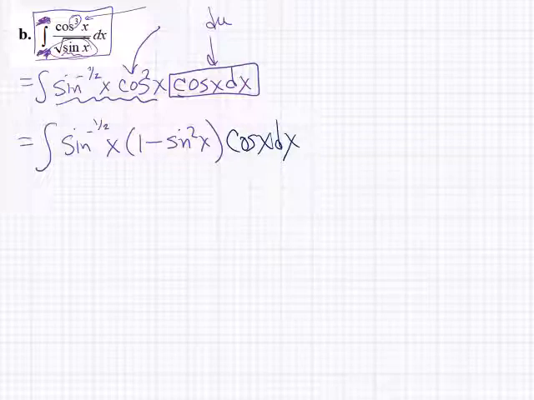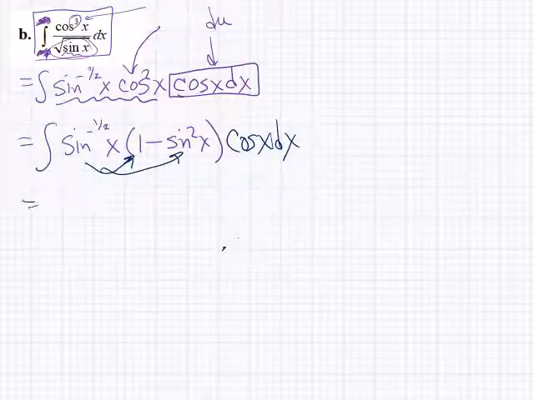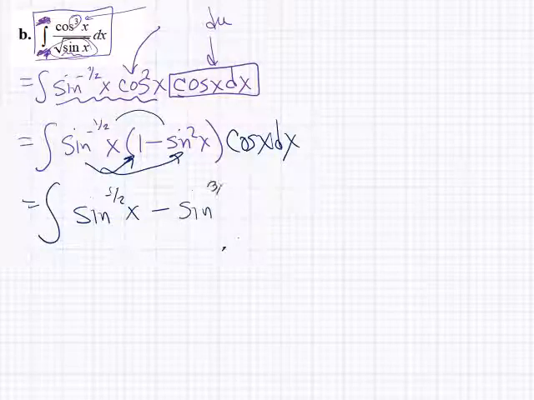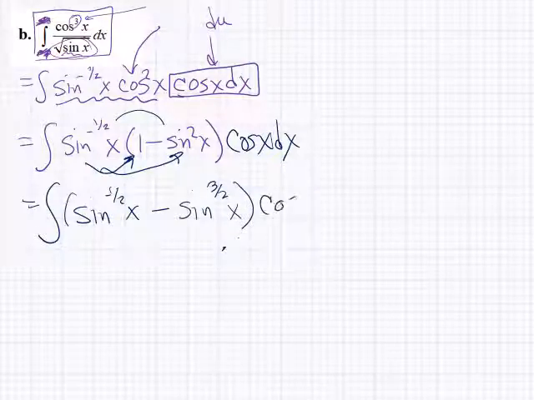All right, so now, again, we don't have to do this, but we will. I like just doing it now. Distribute this in here and here. So I end up with sine to the minus 1/2 x minus sine to the minus 1/2 times sine squared, which would give me sine to the 3/2 x. Remember, you have to add those exponents together. And then I have the cosine x still sitting here waiting.